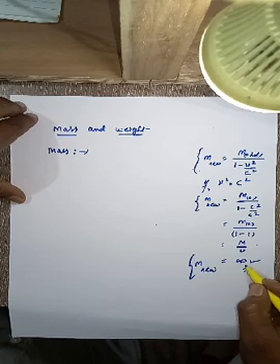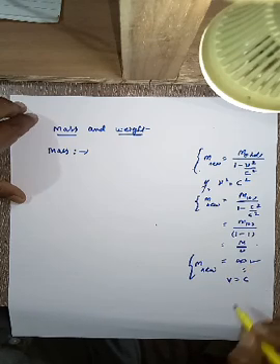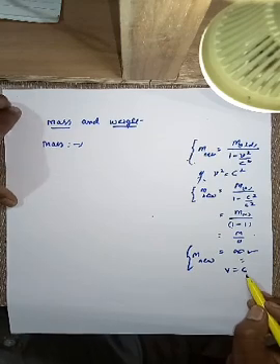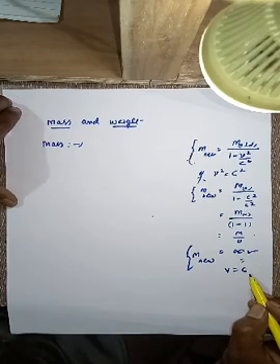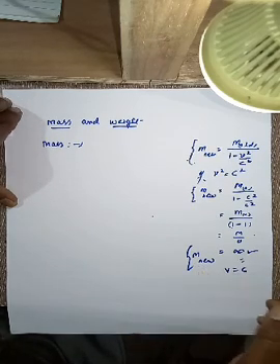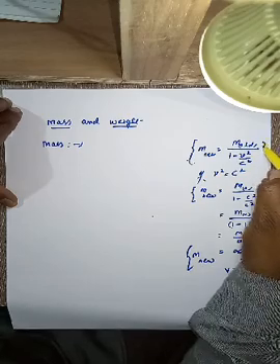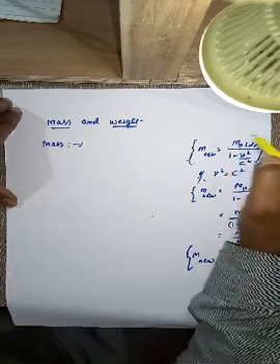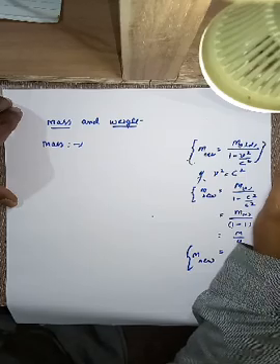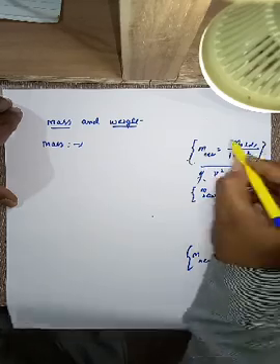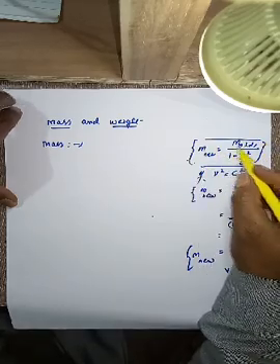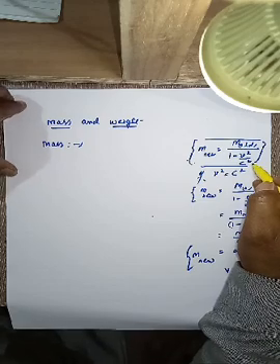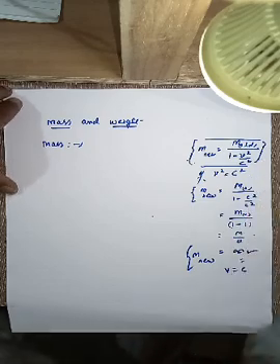But this happens only when v equals c, that means your velocity equals the velocity of light. So mass changes according to this formula, which is nothing but Albert Einstein's famous relativity formula, also called the theory of relativity.